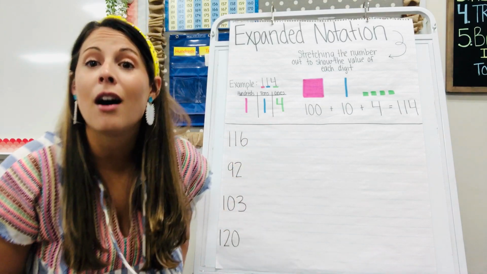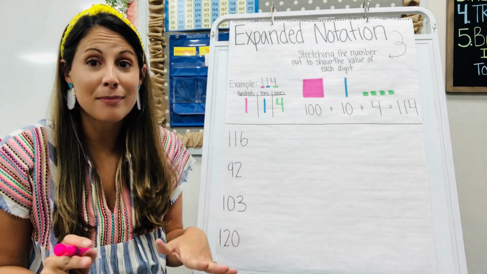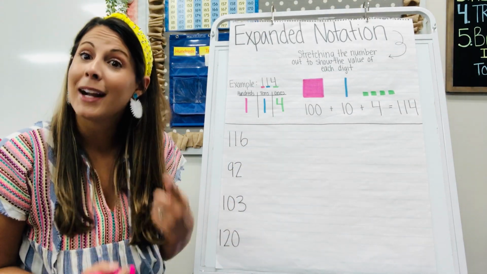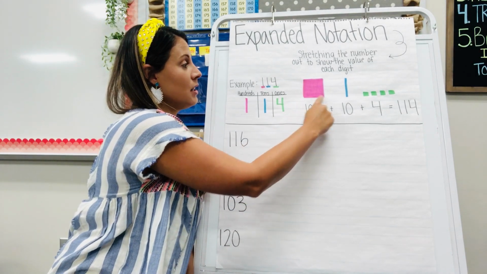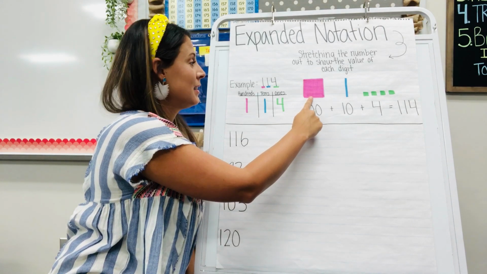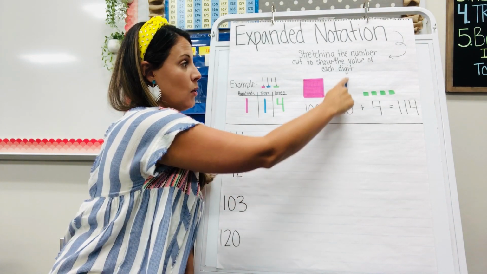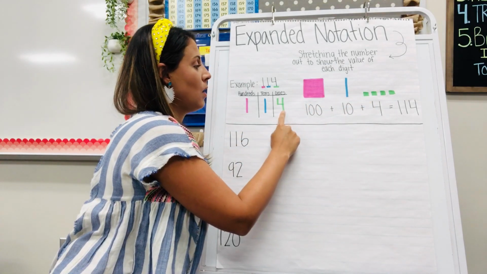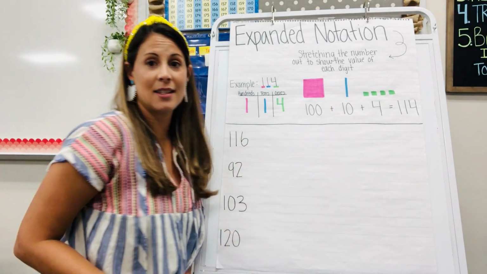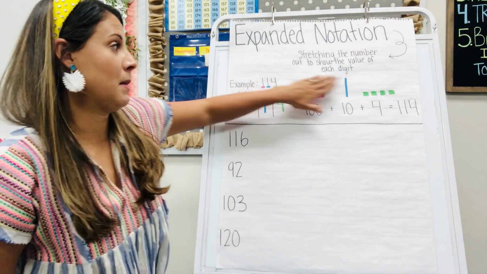And remember, I always like to draw it out to prove my work. It just helps me a little bit. Might help you too. Here we go. So I drew 100 or 1 flat, 10 or 1 rod, and 4 ones or 4 units. Now that's not my expanded notation.